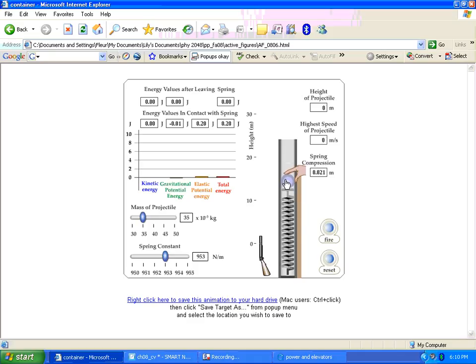There we go. 0.12, which was our initial spring compression. The height of the projectile will be 20. I don't know if I can change these numbers. Nope, they're not going to let me change these numbers.